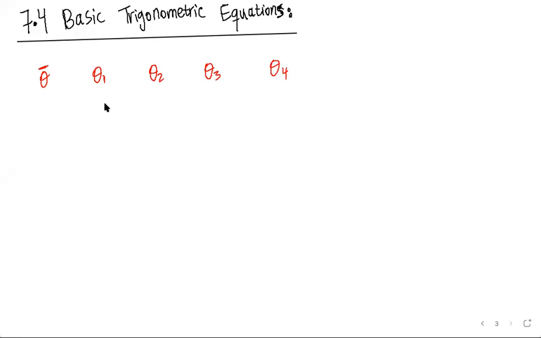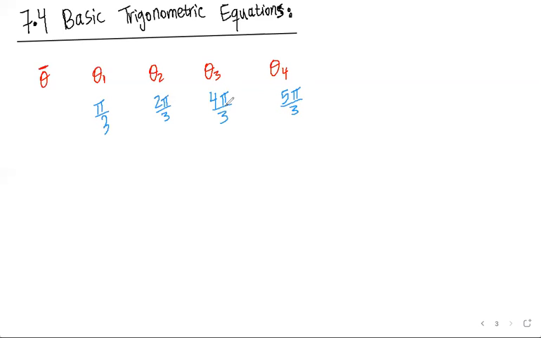So we have to know the angle in the first quadrant, pi over 3, and 2 pi over 3 is in the second quadrant, and 4 pi over 3 is in the third quadrant, and here we have 5 pi over 3.